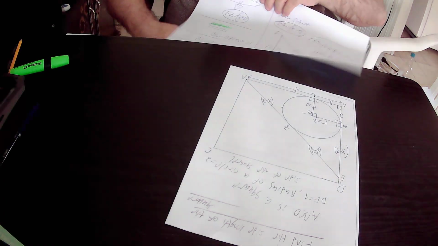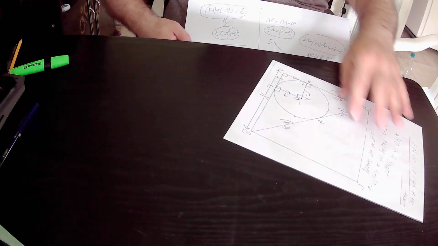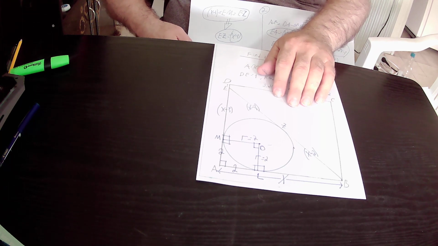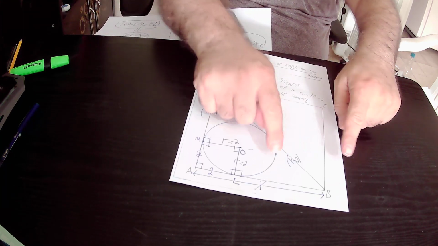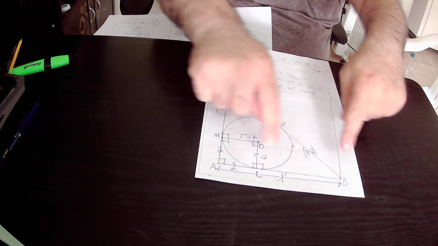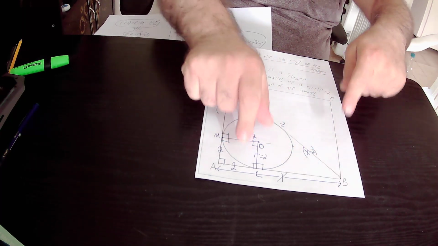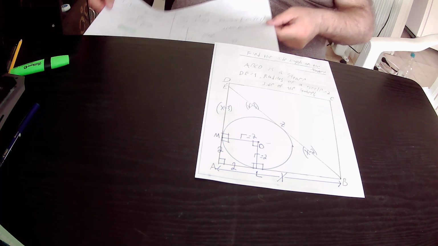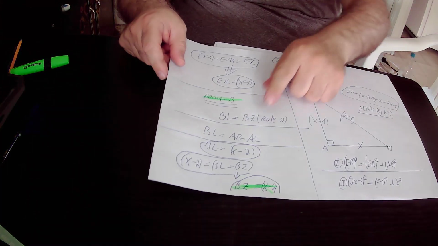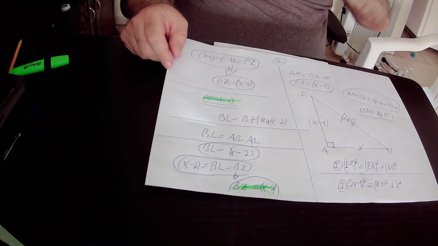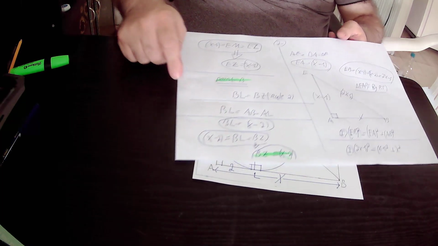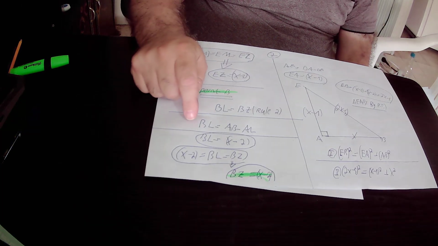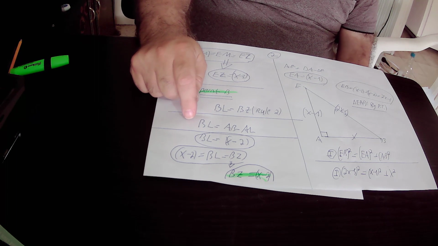Okay, what is the length of BL? From the drawing it is very easy to see that BL equals AB minus AL. AB equals X according to our definition, and we already found out that AL equals 2. So in conclusion, BL equals X minus 2.